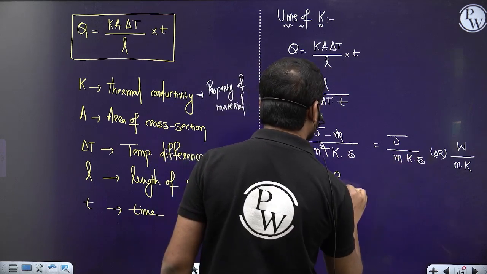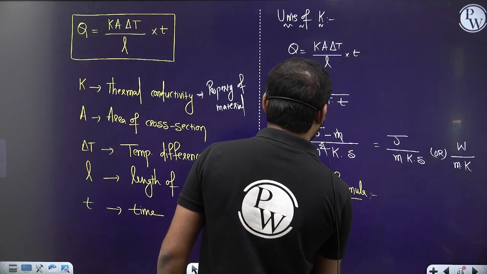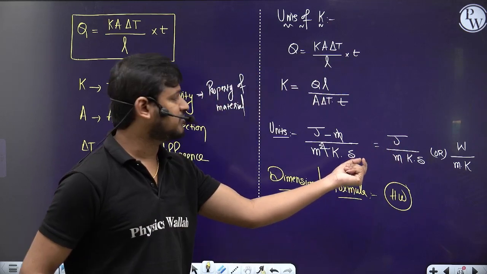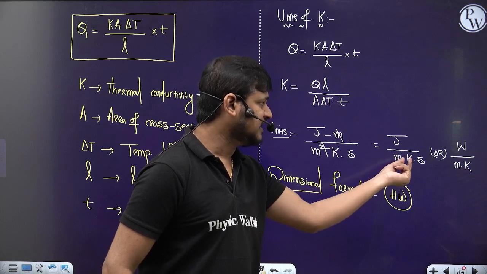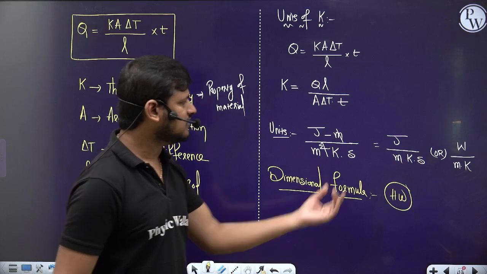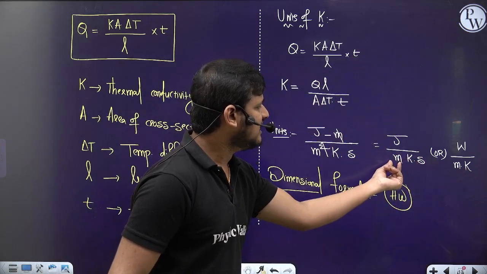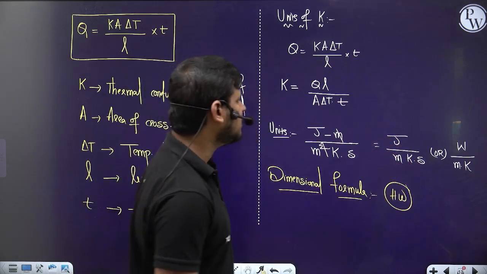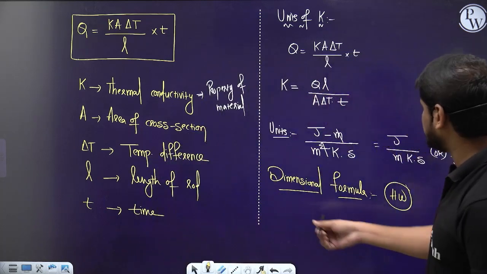Take it as homework. Joule is ML square T to the power minus 2, as I already told. Length is L, temperature we write as theta, and time we write as T. Do it as homework and write the final dimensional formula.